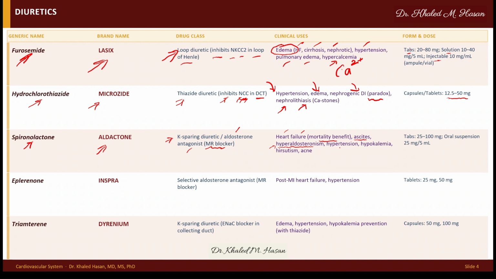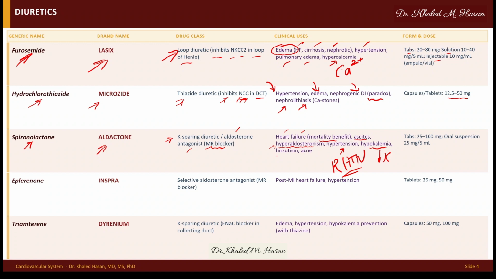Use spironolactone for patients suffer from hypertension. Here we are talking about something called resistant hypertension. So if someone suffers from resistant hypertension, spironolactone will be the option. If someone suffers from hypokalemia, which means decreased level of potassium, spironolactone could be option on the table.